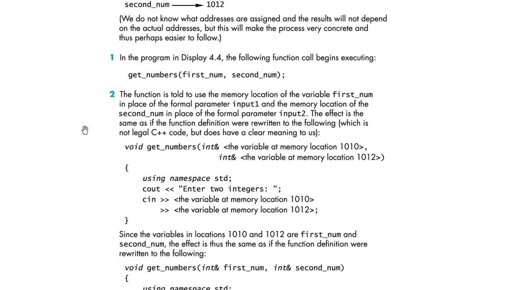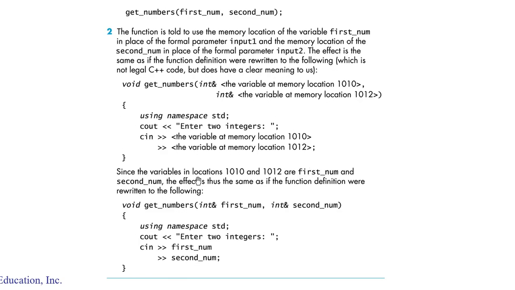The effect is the same if the function definition were written like this. Since we declare it as a call by reference parameter, we are assigning the memory location for the variable first num, and the same for the variable second num, which is also declared as a call by reference parameter.